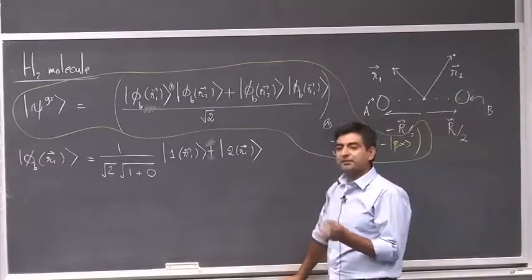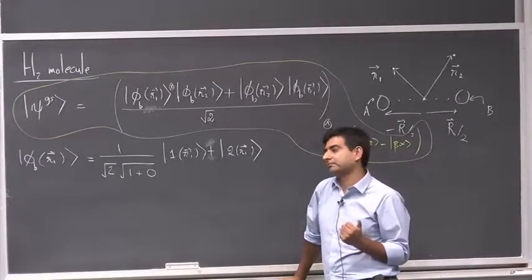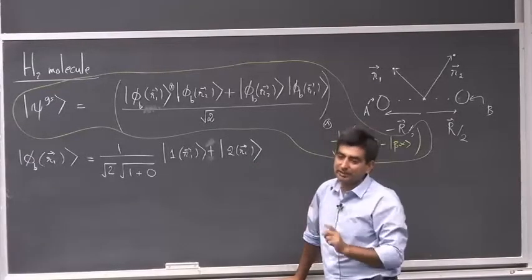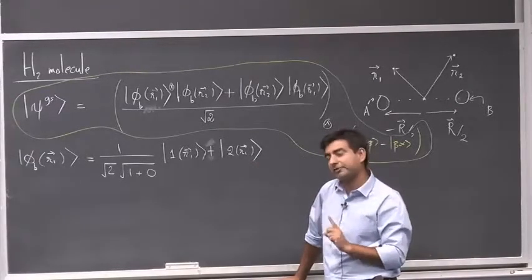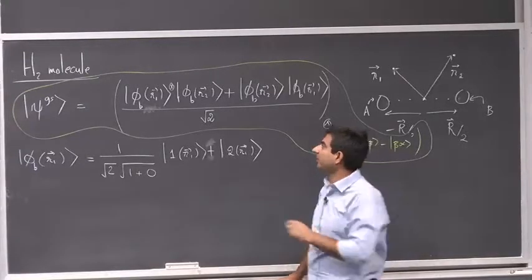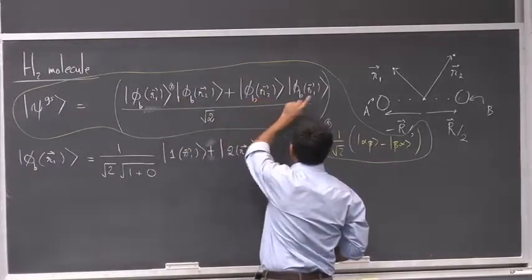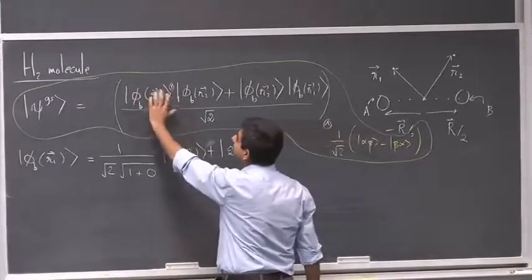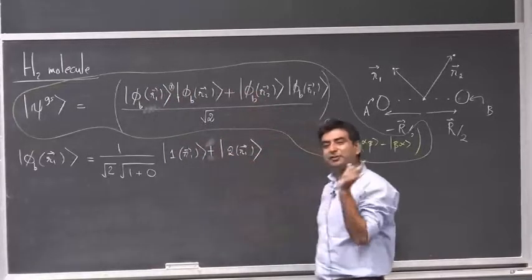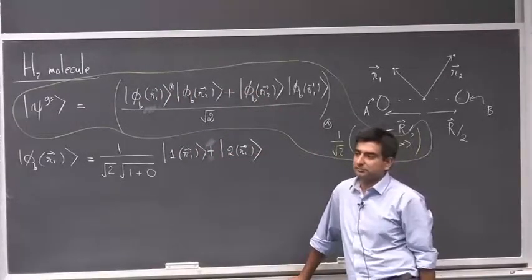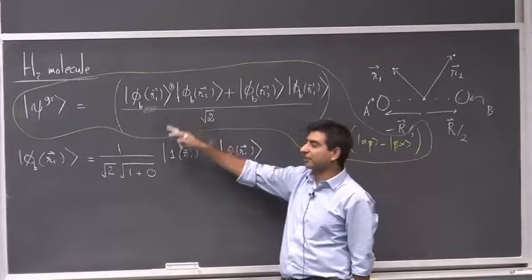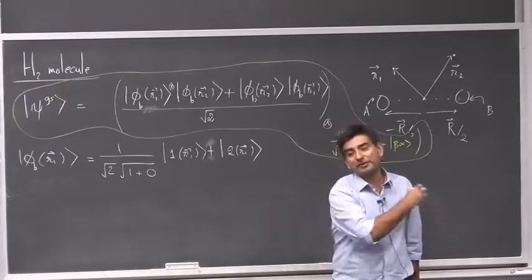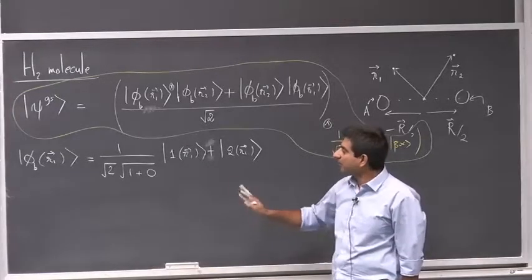I have now two variables, r1 and r2, because I have two electrons. Previously I just had one variable which I called small r. Now I have two variables, small r1 and small r2. See? These two variables appear here. Now I would like to expand these molecular orbitals in terms of atomic orbitals. These are bonding molecular orbitals, so I would like to expand each linear combination in terms of the atomic orbitals itself. And what kind of expansion does this mean?